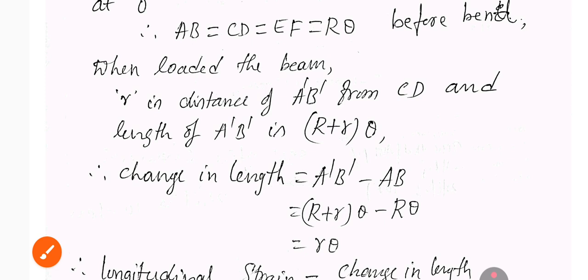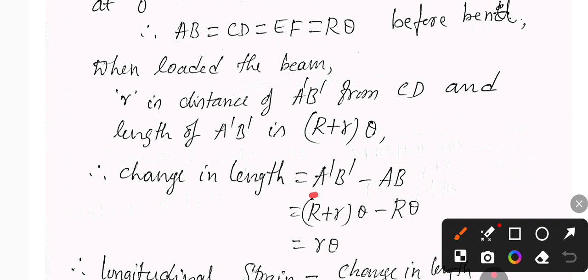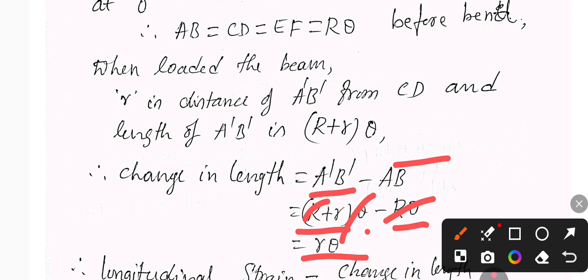Then the change in length can be calculated, before and after the strain is applied. We calculate A dash B dash minus AB. A dash B dash is R plus small r into theta, AB is R theta. Then R theta gets cancelled, and small r theta remains as the change in length.